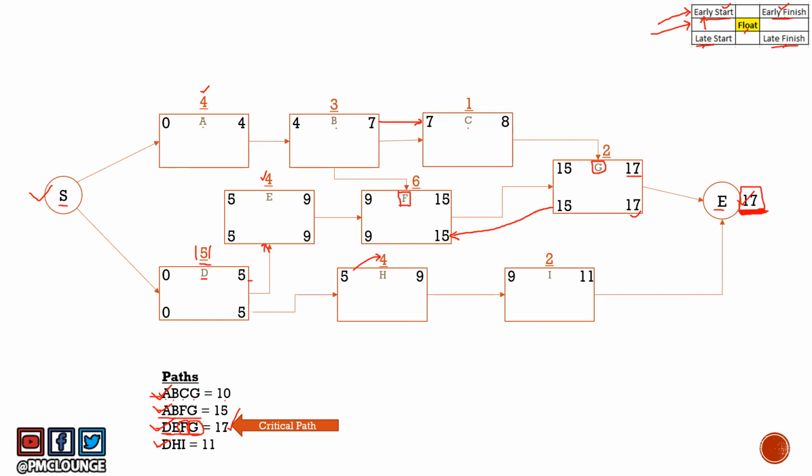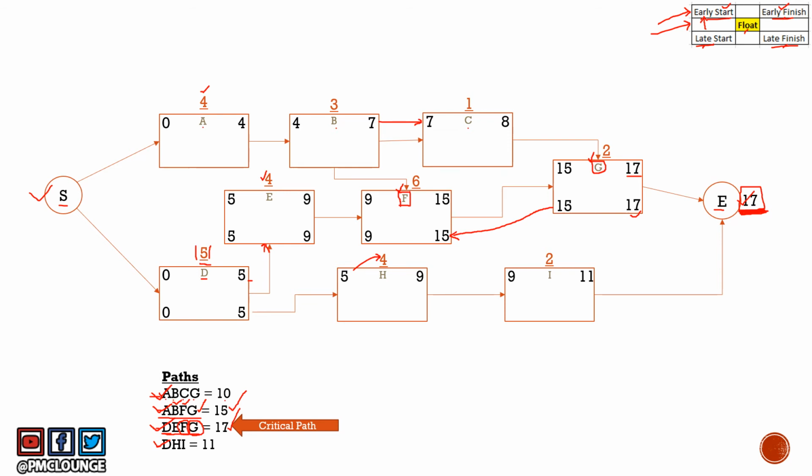Let's look at the second longest path, which is ABFG, and let's do a backward pass of ABFG. Again, G already has all the values. You don't have to calculate anything. Let's go to F. It is already calculated. You don't have to do anything. Let's go to B. B doesn't have a late finish or late start here.